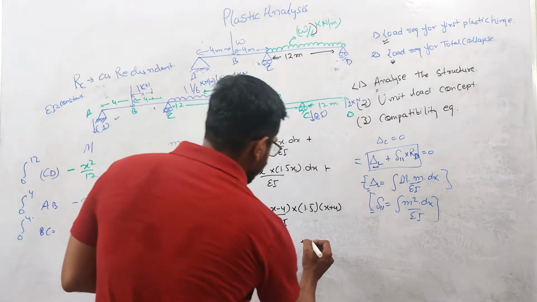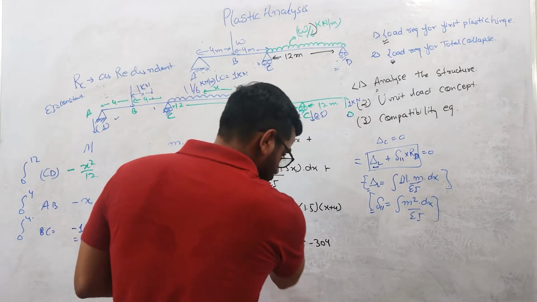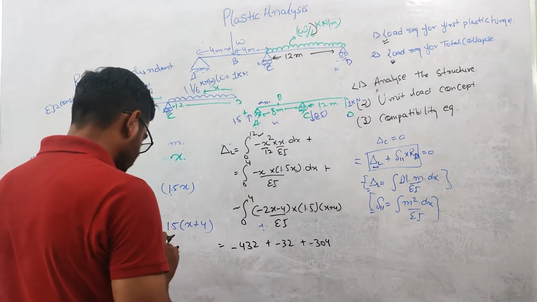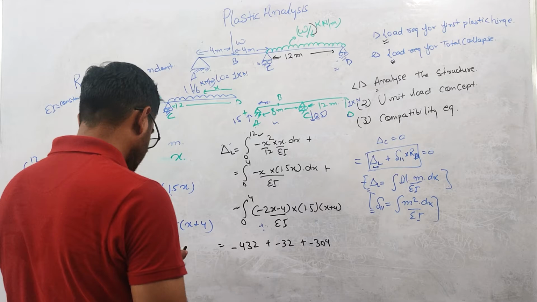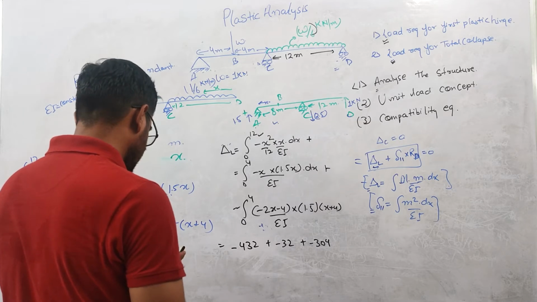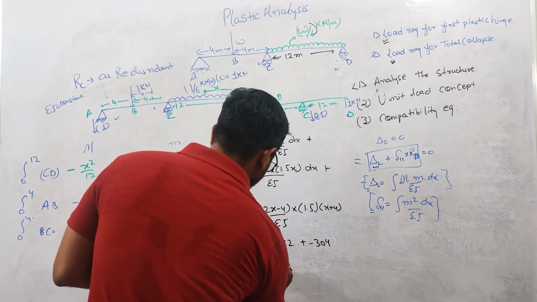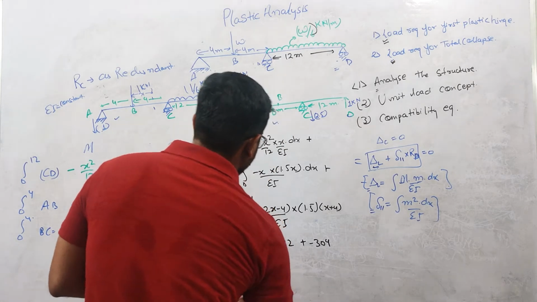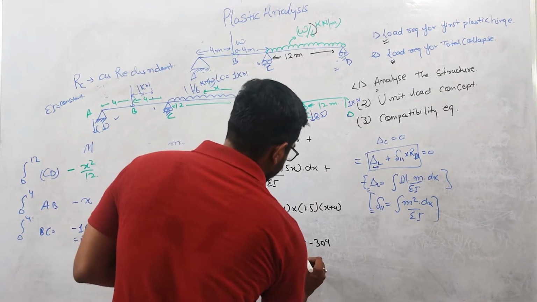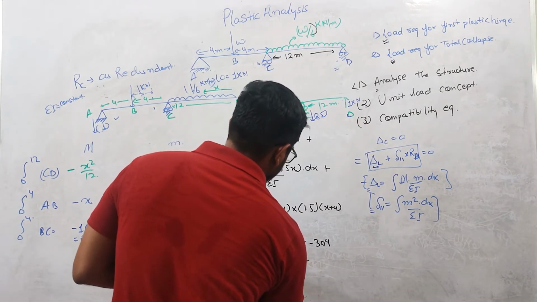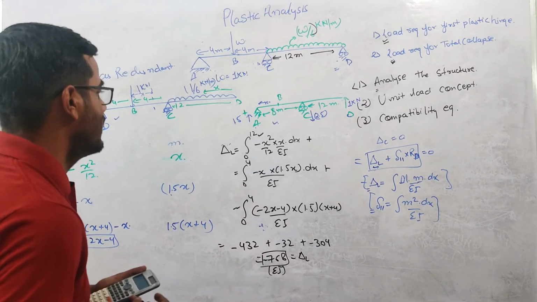And this value of this integration is minus 304. Okay, so total value will be minus 32 minus 432. So this is 768. Okay, so this is the value of delta L, 768 over EI. Okay, so this thing is done.